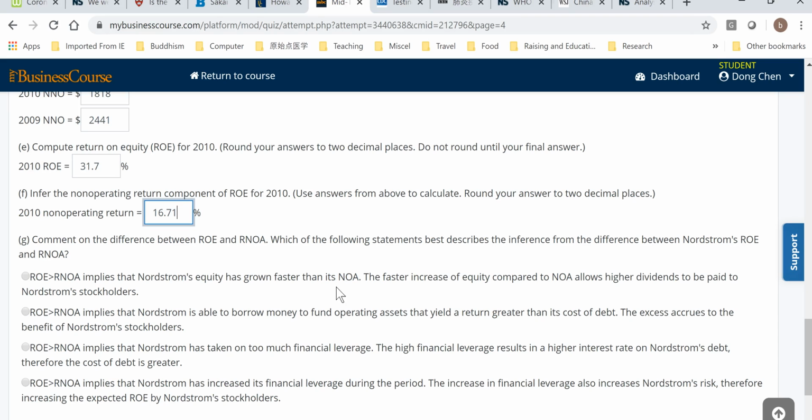Why does the firm borrow? Because it wants to finance its operations, right?